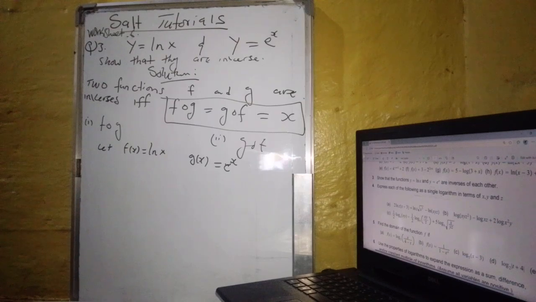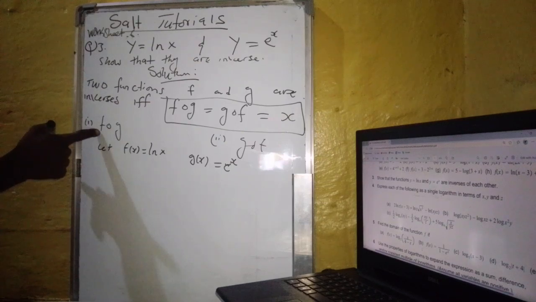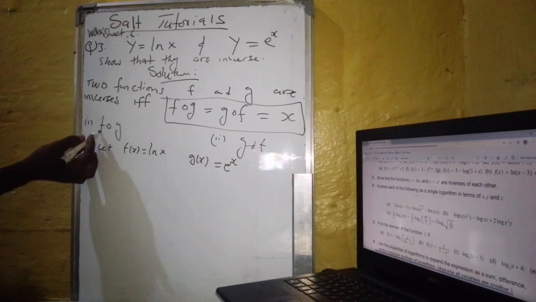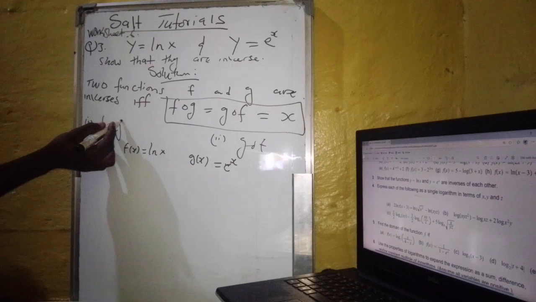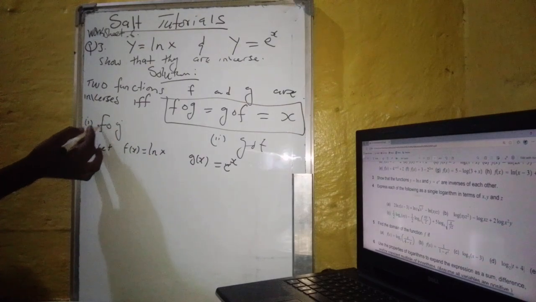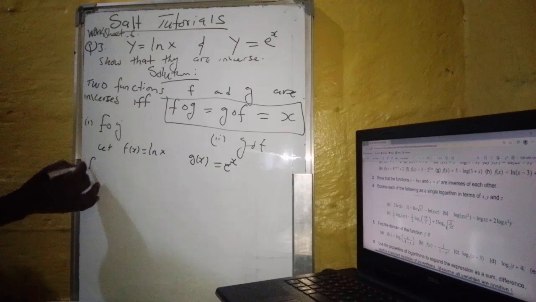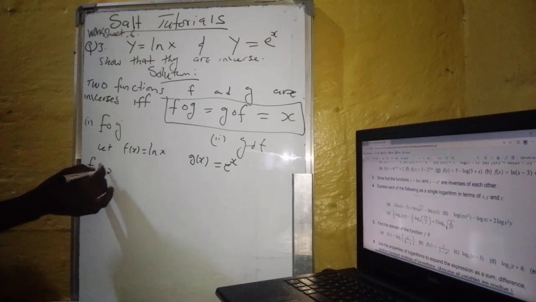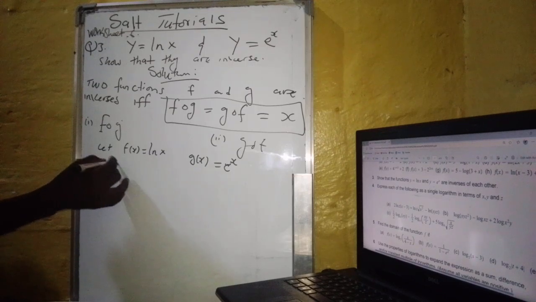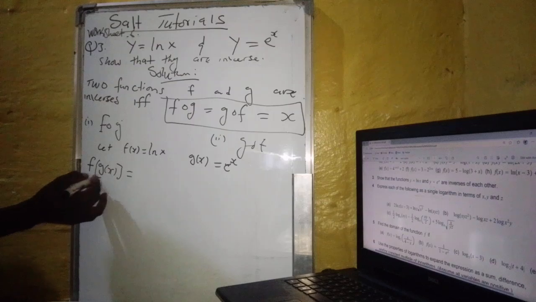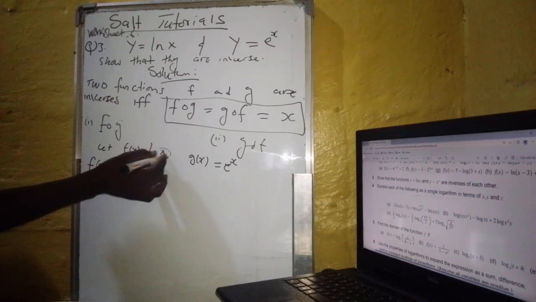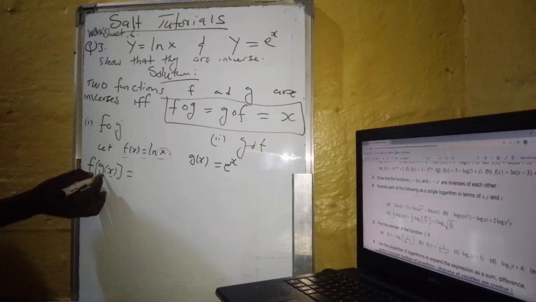These are just composite functions. I'm sure we can remember how to come up with them. f of g means that in the function f, we evaluate at g of x. So everywhere there is x in the function f, we replace it with g of x.